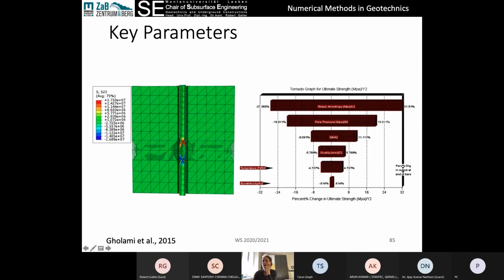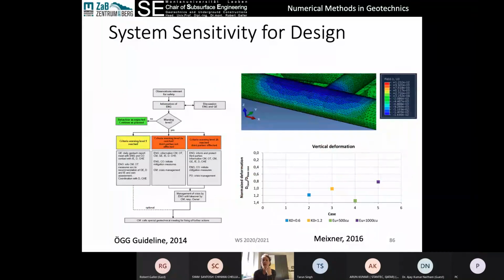What happens when we change all of those things on the ultimate strength of the sides of the well, so the ultimate stability of our well? So in this case, it looks like stress anisotropy is the most important parameter, whereas the shape of the well is not that important in this case. So this is another way of visualizing those sensitivities.